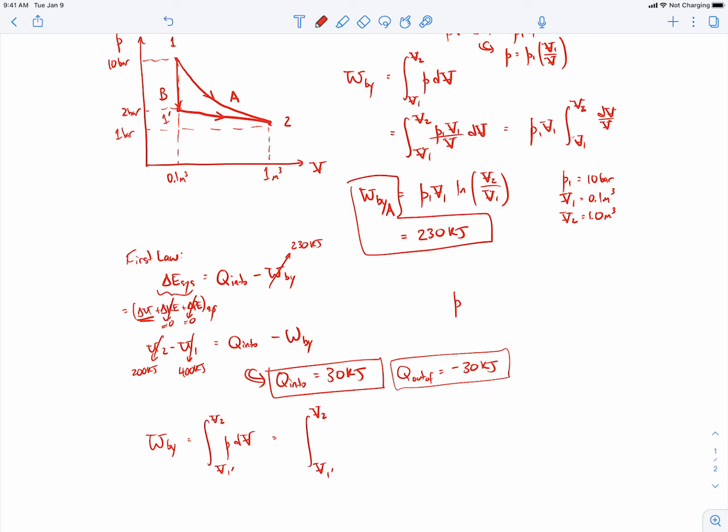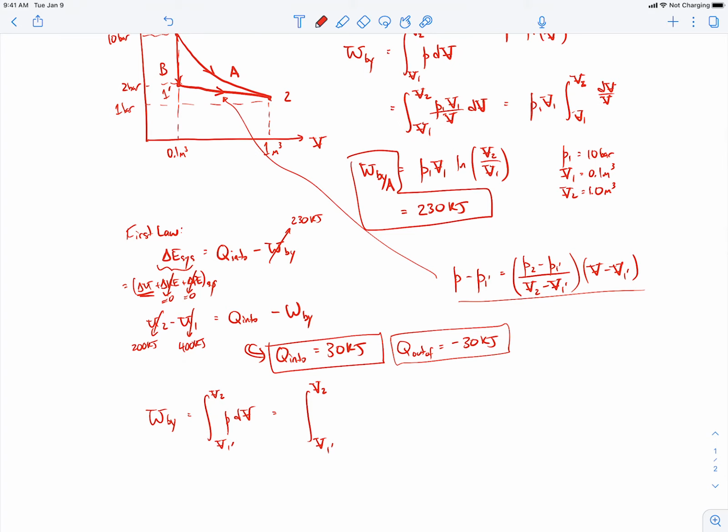The pressure would be the initial pressure, P1 prime, plus the slope, which is how the pressure changes, P2 minus P1 prime over how the volume changes, V2 minus V1 prime, times V minus V1 prime. So that's the equation of a line.